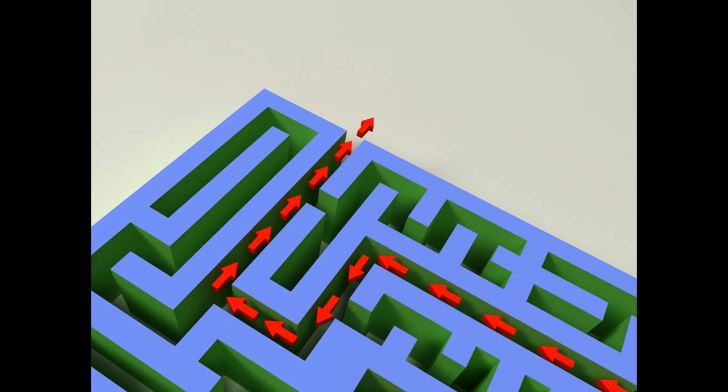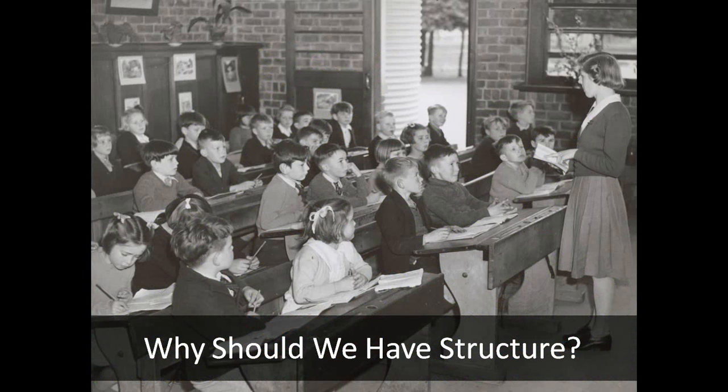So let's turn to my second point, which is why should we have structure? And especially why as teachers should we be interested in structure? This is mainly to do with the students.